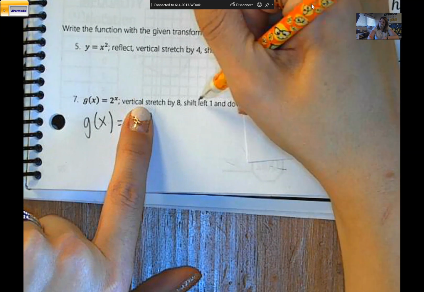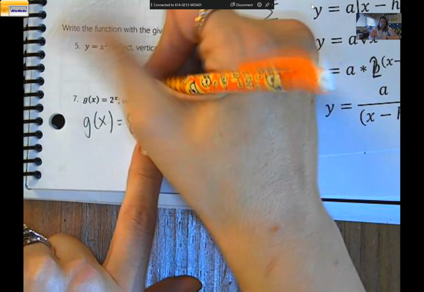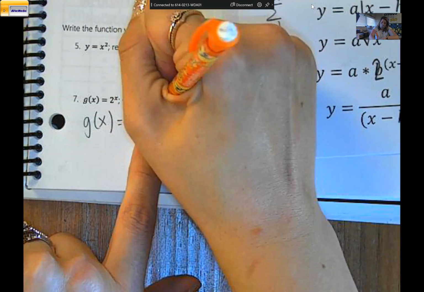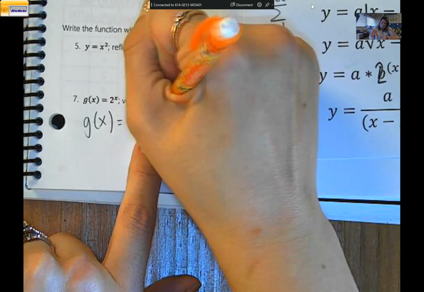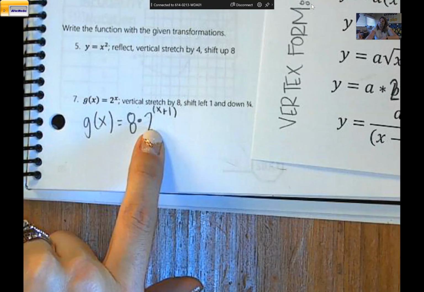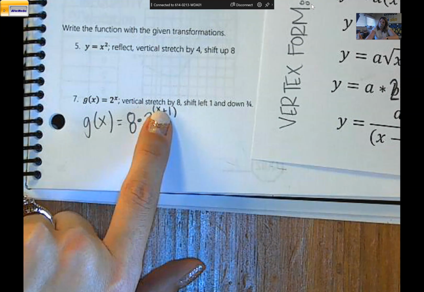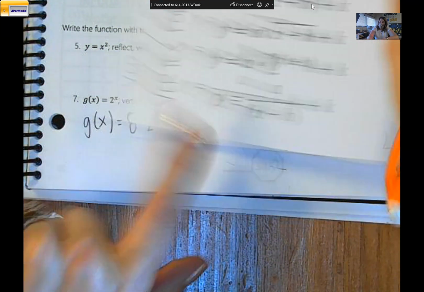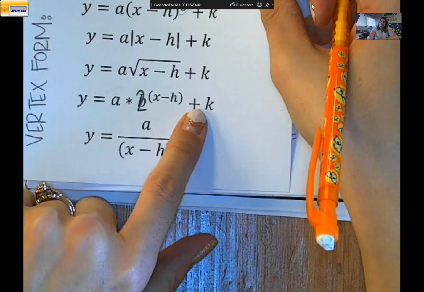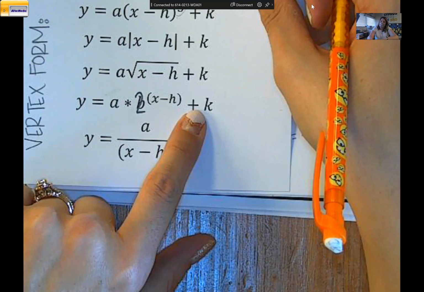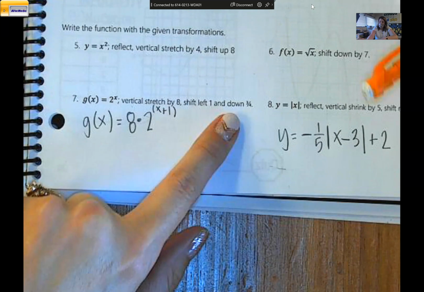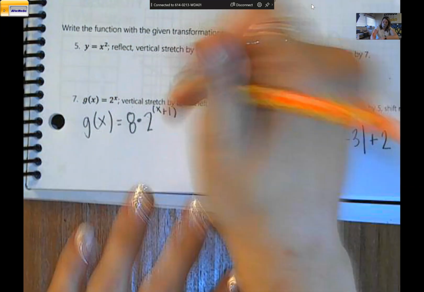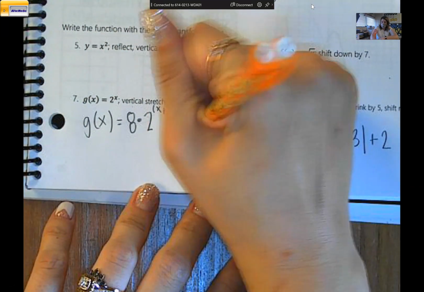It says shift left, so up here with the x, what should I put? +1. So up there with the x, you put a +1. And then on my cardstock, it says I do k next, so that's an up or down. This one tells me to go down by 3/4, so I just do -3/4.